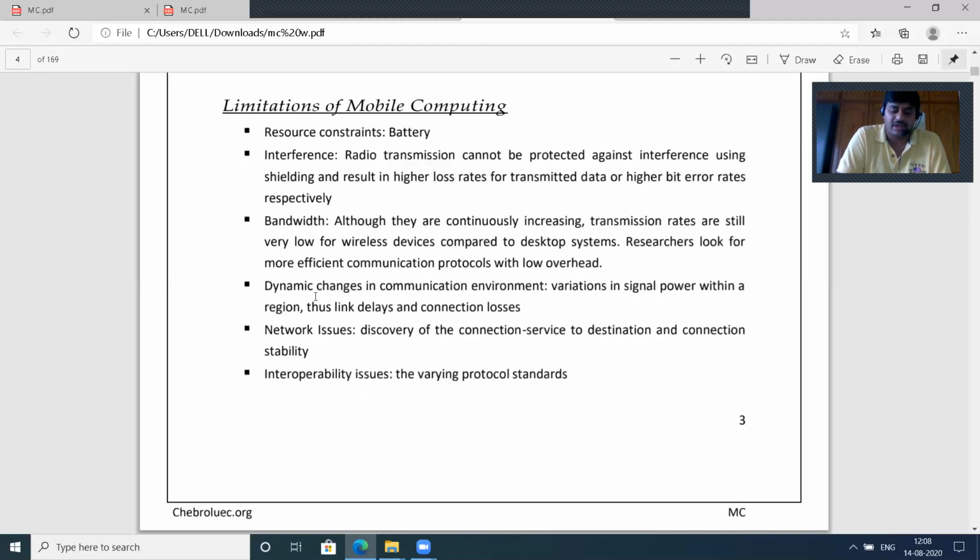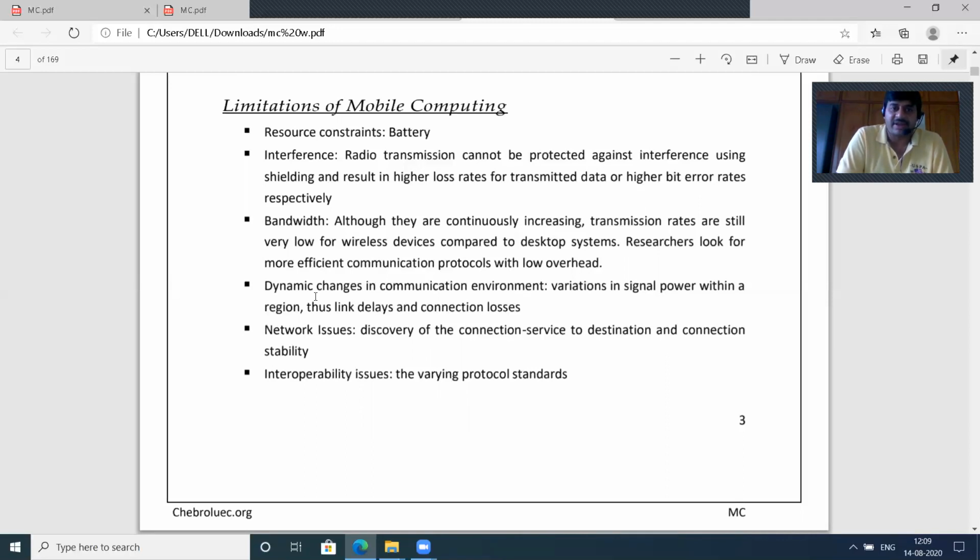The major resource constraint the mobile device faces is battery. A mobile is very small in size, so it uses a small battery, which means less power. As long as the battery is alive, only then can the mobile device be used. As the battery decreases, we cannot access the mobile device. This is one resource constraint, battery.